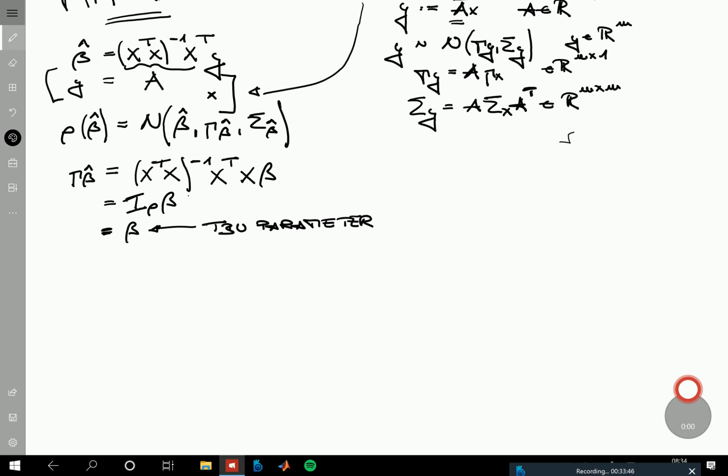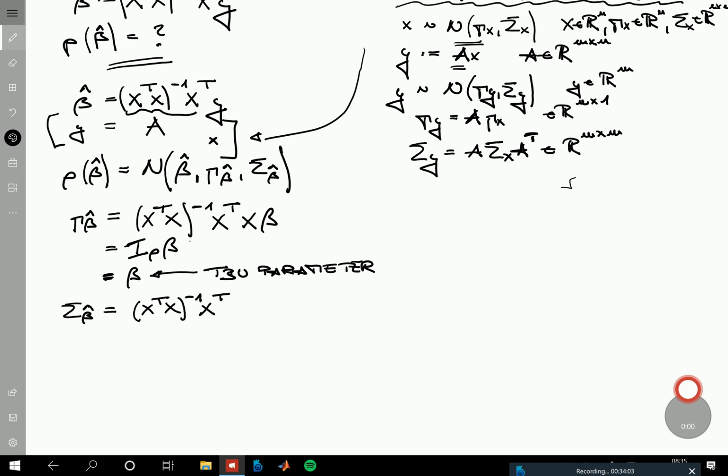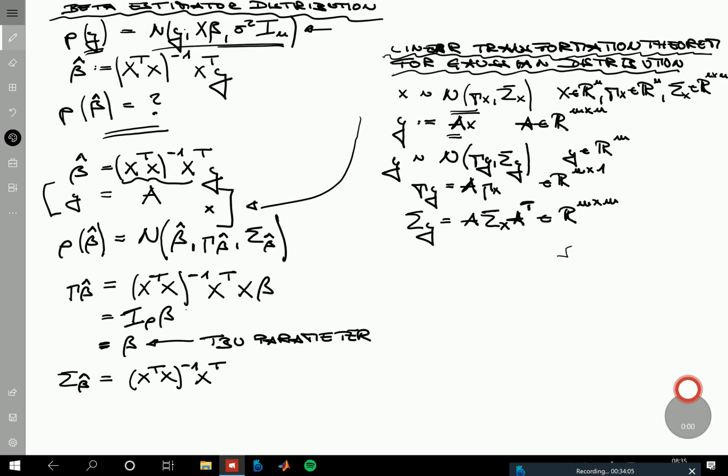The other thing that we also have to evaluate is our sigma beta hat. And for this we need our (X^T X)^-1 X^T times the original covariance matrix. What is our original covariance matrix of the y in the GLM?